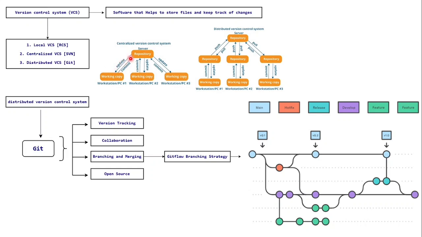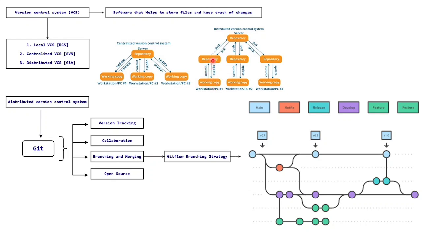So in order to avoid the single point of failure, distributed version control systems were introduced, and Git is one of the popular distributed version control systems that is being used widely in the software industry. So in distributed version control system, as you can see here, there is a central server.